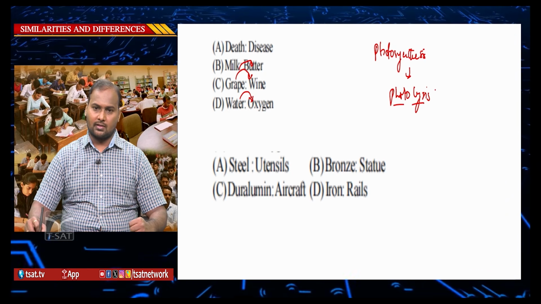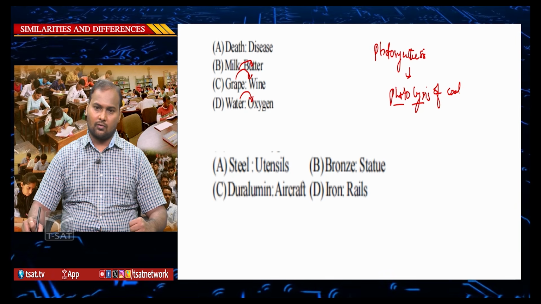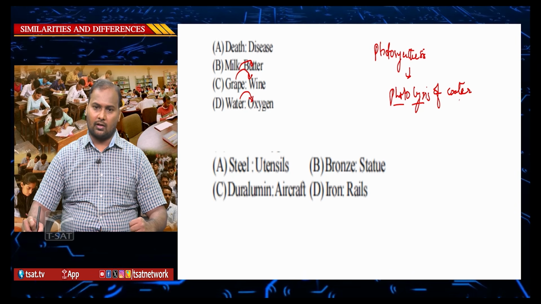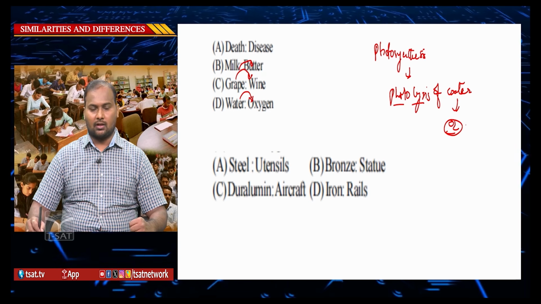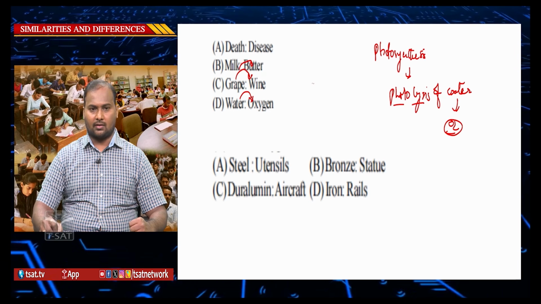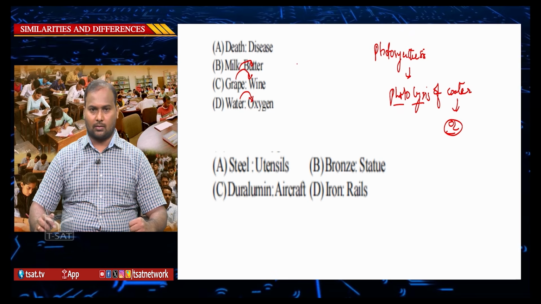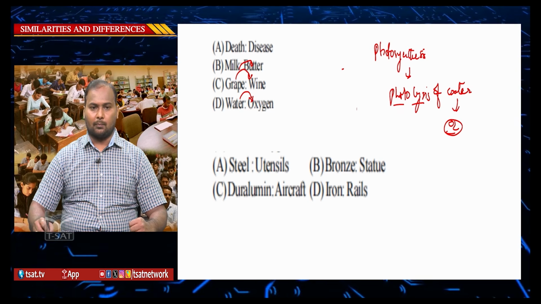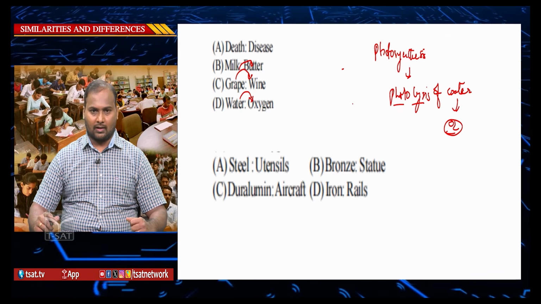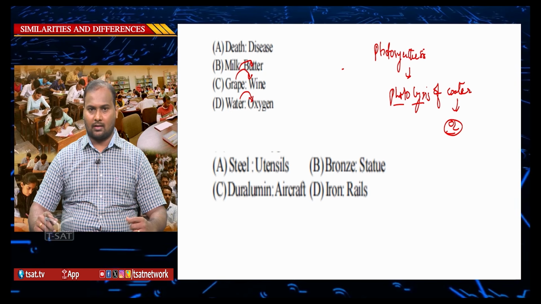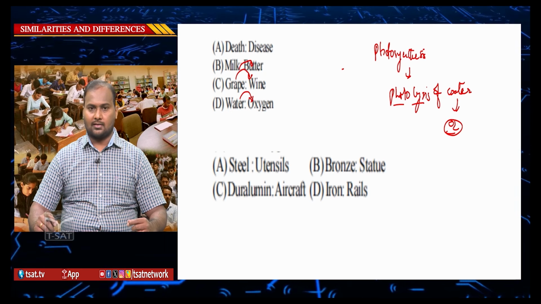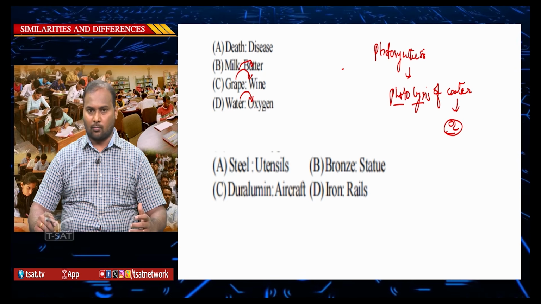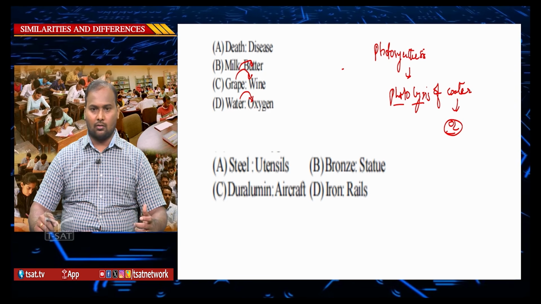So this photolysis of water contributes oxygen to the atmosphere. That is the reason for water and oxygen. Yes, we get oxygen from water. Generally, people think that oxygen is obtained from carbon dioxide. You know that plants take carbon dioxide and release oxygen. People think like that. No, that is wrong. Whatever carbon dioxide is absorbed by the plant is converted into carbohydrate, that is C6H12O6.